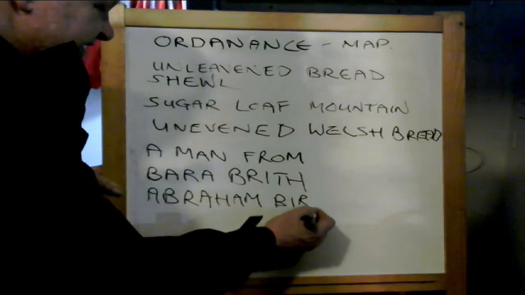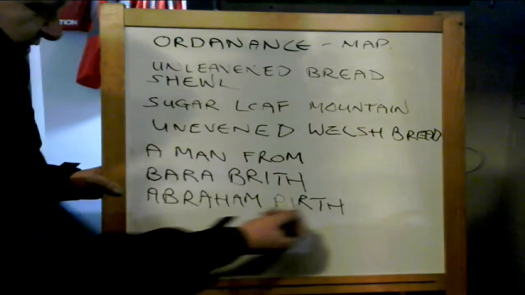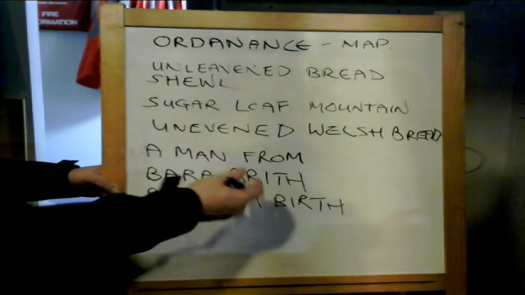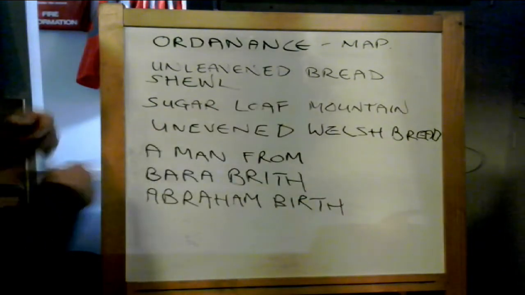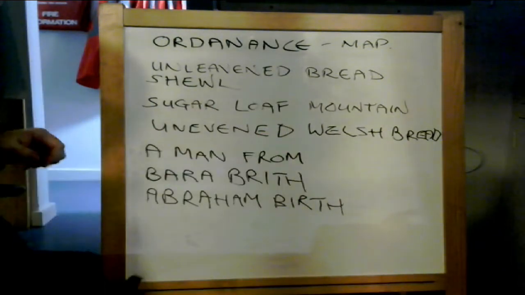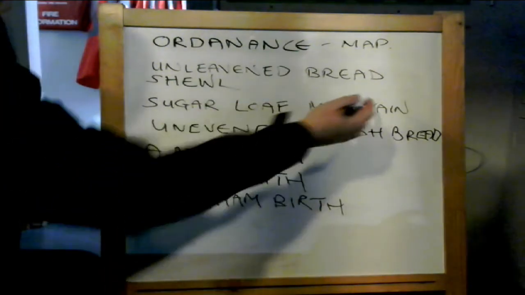This is the manna from heaven, a man from heaven, the birth of Abraham, being in the land of the unleavened Welsh bread. So there you go. That identifies that the ordinance is actually the Sugarloaf Mountain.